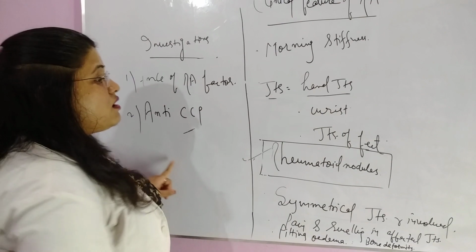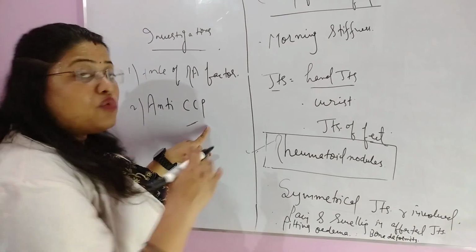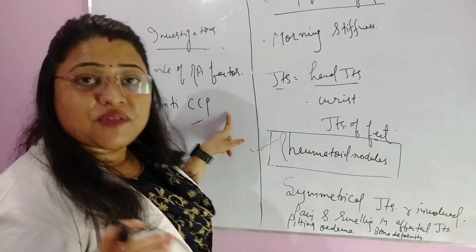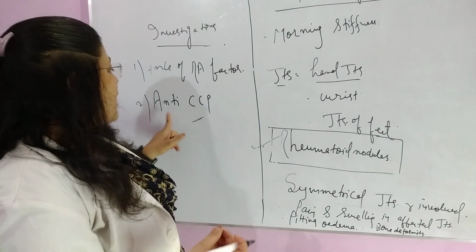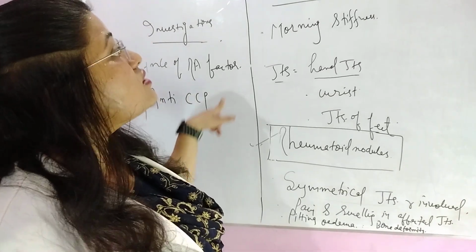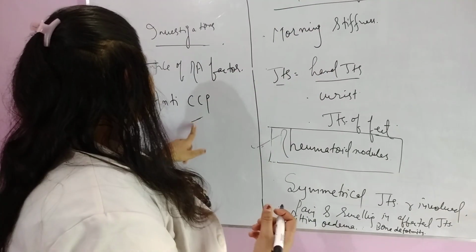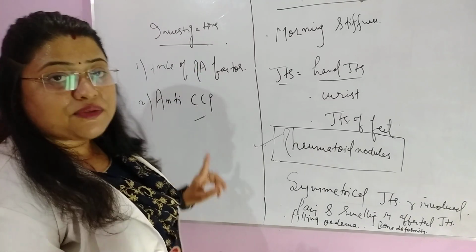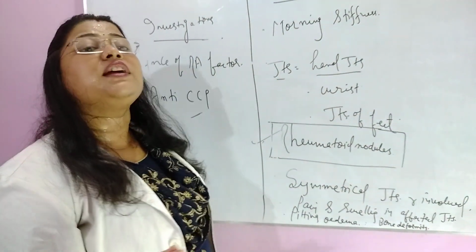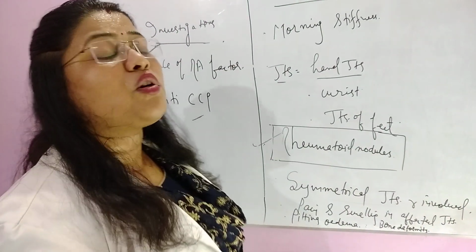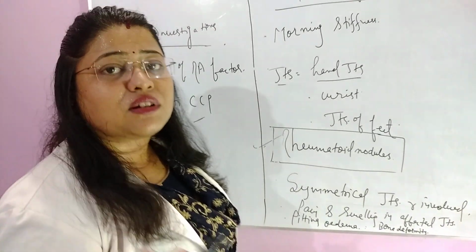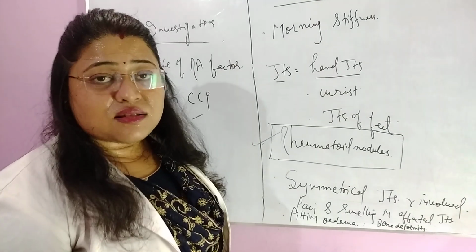So anti-CCP has more value than RA factor. Both of these are important investigations, but out of that, anti-CCP is more valuable or more specific diagnostic for RA. So first is anti-CCP and second is RA factor. Anti-CCP is cyclic citrullinated peptide. So this is a protein which is formed against any inflammatory damage or any foreign particles.